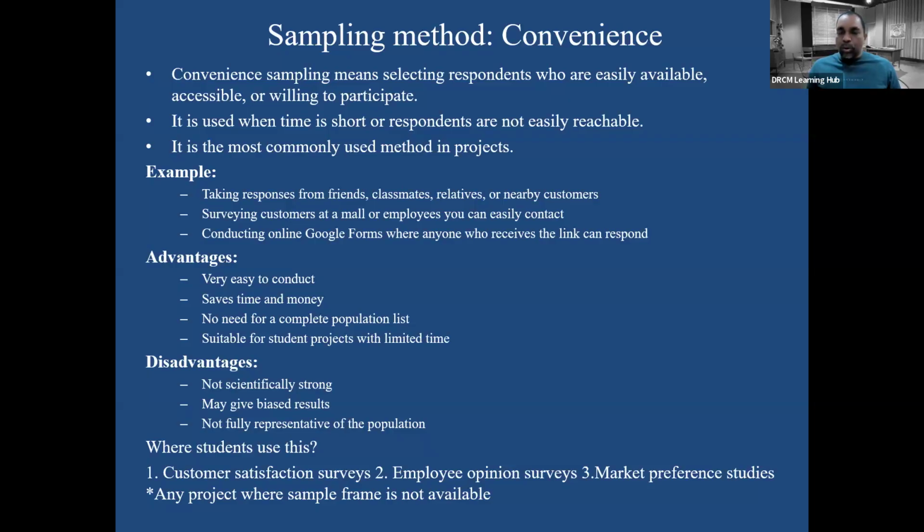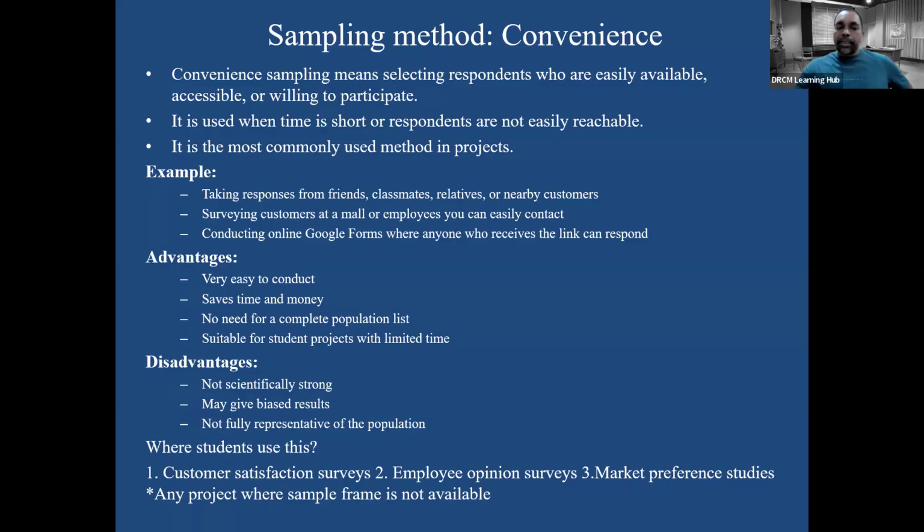Now you send the form to all your friends, whether from this college or another college, this section or another section, and take the data from all of them. Then that comes under convenience sample. That is not a random sample. So this you also have to mention. That's why we said customer satisfaction surveys and employee opinion surveys come under convenience sample.